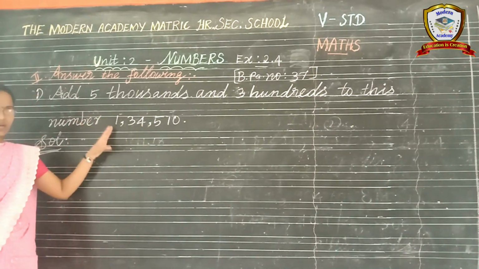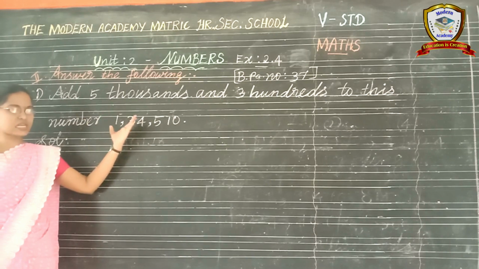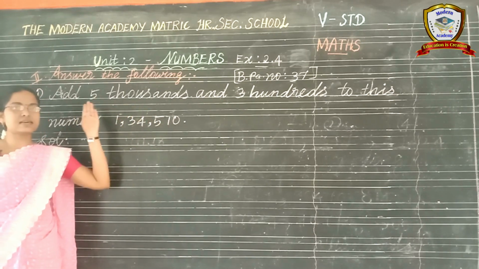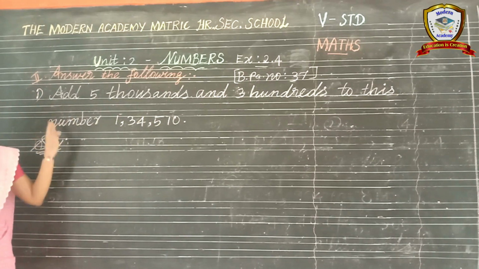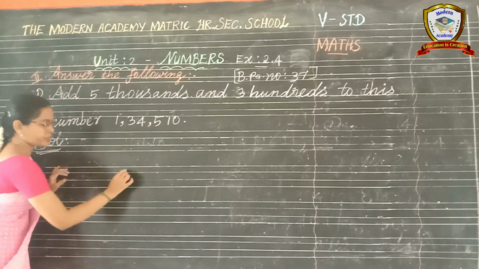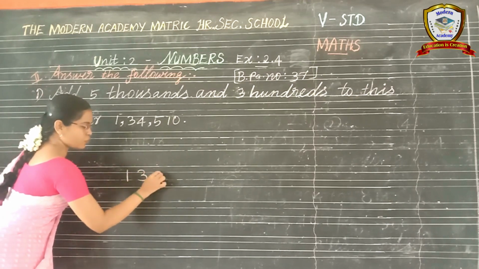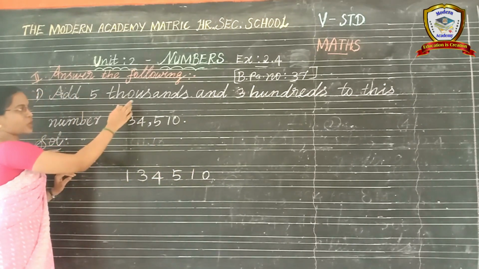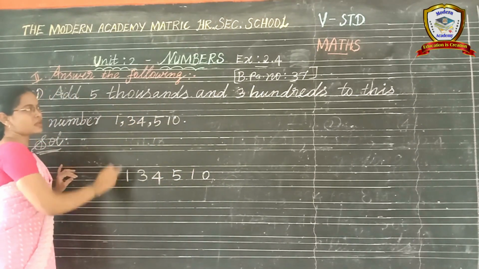Very simple. They have asked us to add 5,000s and 300s to 1,34,510. First we are going to write this given 6-digit number, that is 1,34,510. Next, 5,000s and 300s.